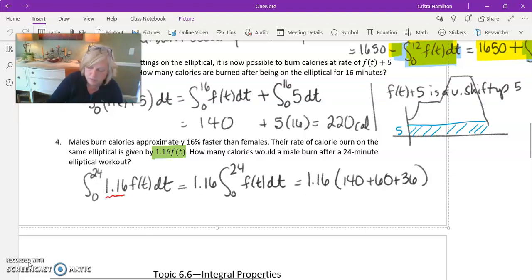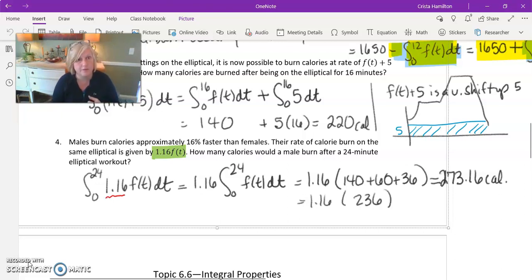And so doing our arithmetic, that's going to give us 273.16 total calories burned on the elliptical for the male, versus the 236 that the female would have burned, because 236 was the net area under f of t.